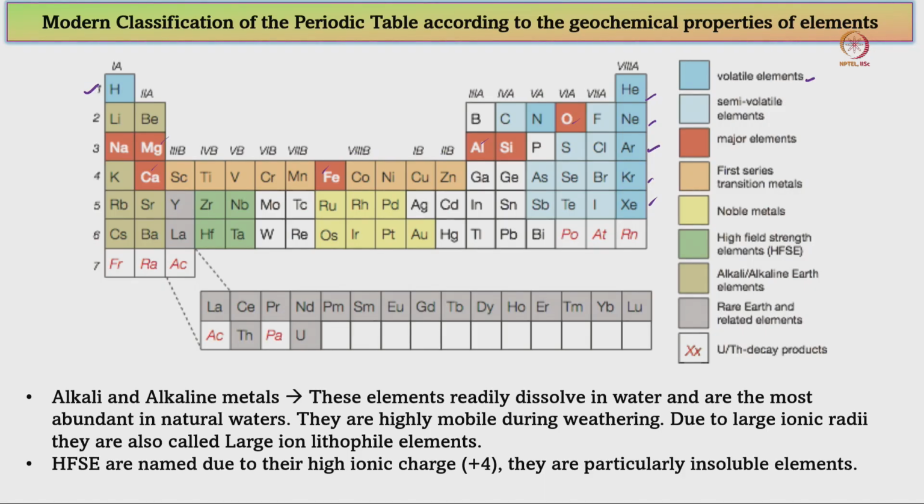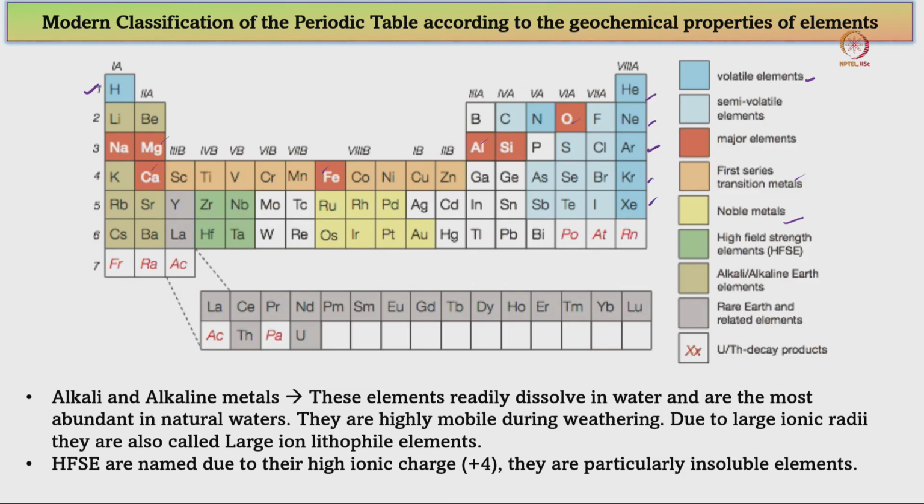Then we have the first series of transition metals, which starts from scandium to zinc. Then we have certain noble metals. That means they will be in very small amounts and they will not be very reactive.